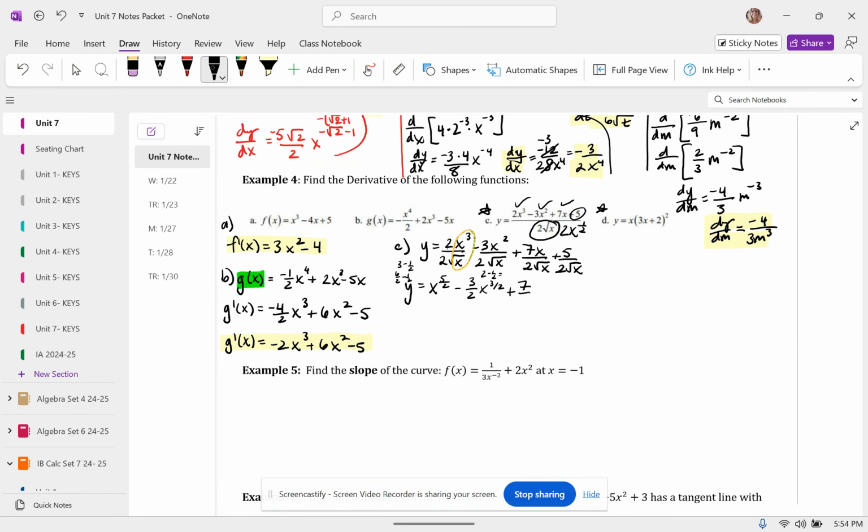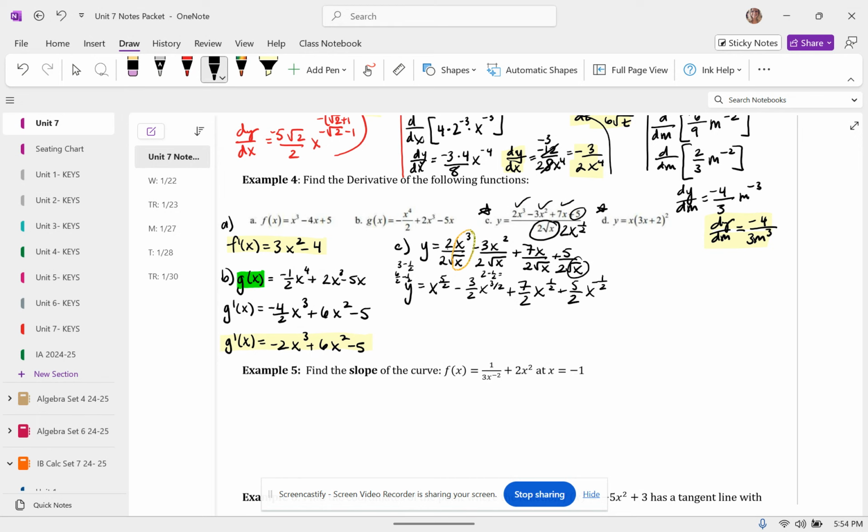Plus, and then I would have 7 over 2 out front, and then x to the 1st minus 1/2 would give me x to the 1/2, and then plus 5 over 2, and then I would just rewrite him as x to the negative 1/2. Alright, so the minus sign disappeared a little bit.